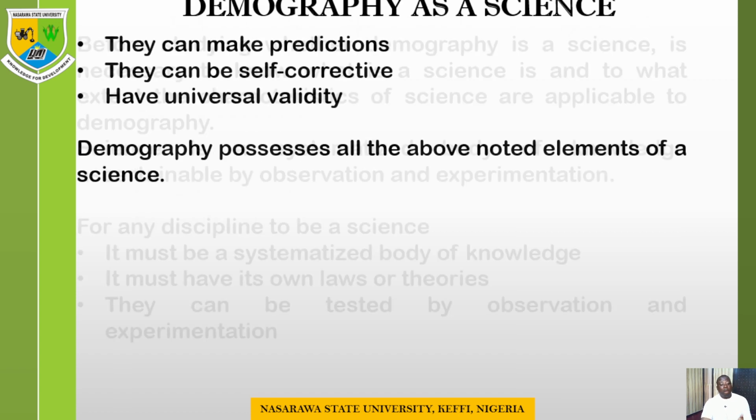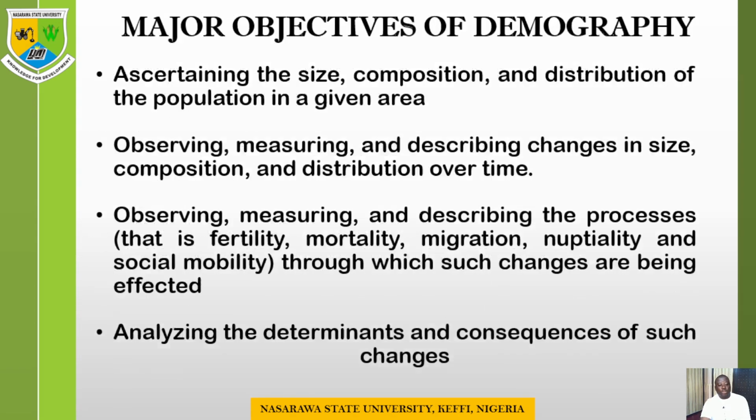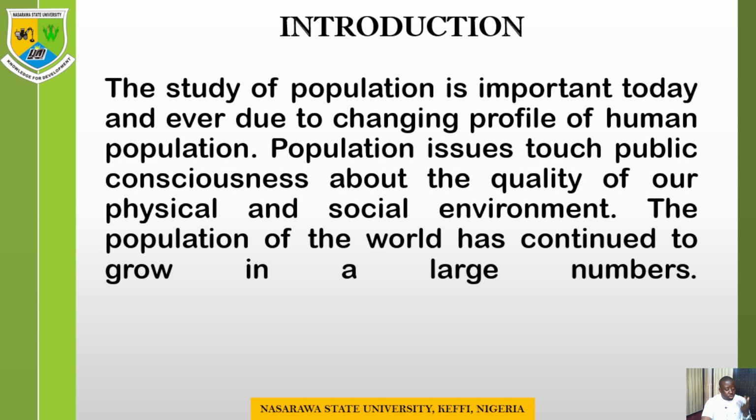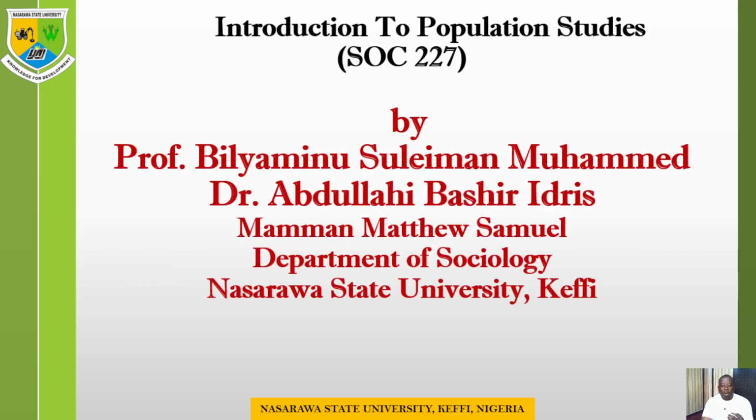Remember we said that in the course of this conversation we look at what population study is. It is the scientific study of human population, looking at the size, the distribution, and the composition.